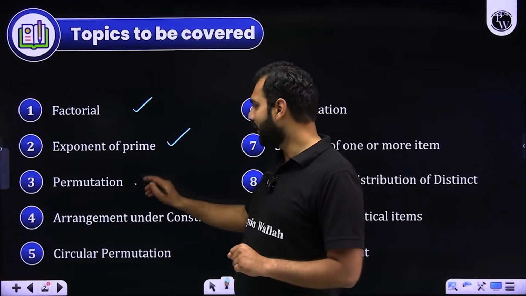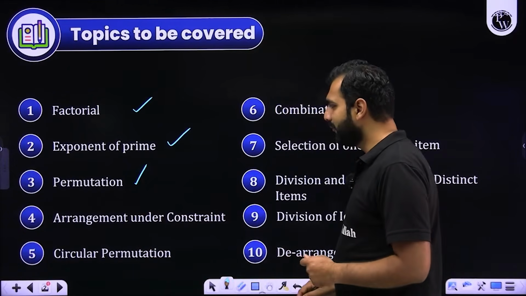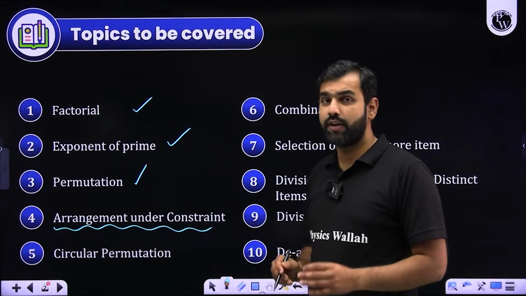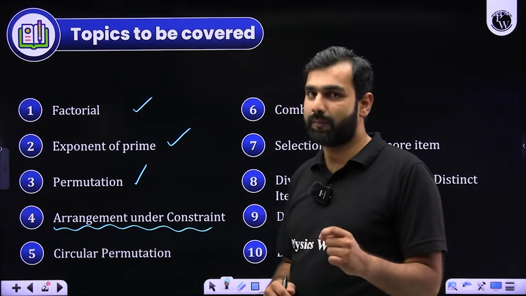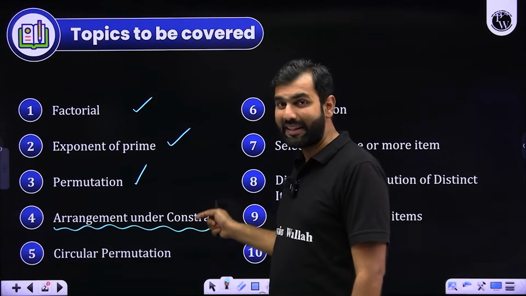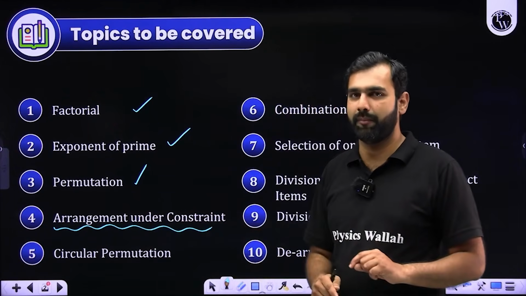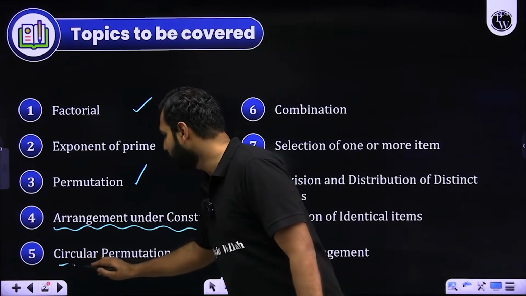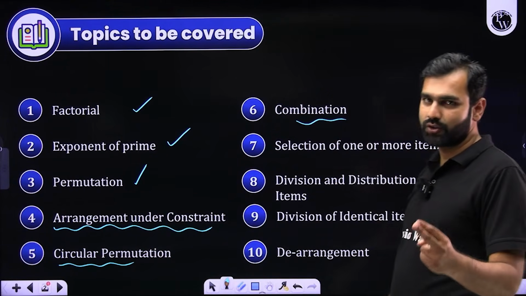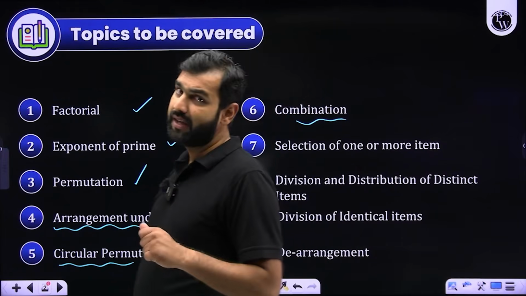And then of course, we'll come to permutation, where we'll discuss arrangement under constraints. This is the most important topic from this chapter, and it will lay the foundation for the other topics. Then we'll talk about circular permutation and combination, the second most important topic from this chapter.